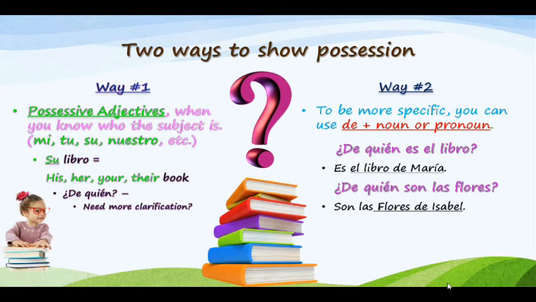Or you could ask, ¿de quién son las flores? If you said, oh, sus flores. Whose flowers? Son las flores de Isabel. So, make sure if you don't need to be specific, then you can go ahead and use possessive adjectives. However, if people need to know who you're talking about, for more clarification, you would use the second way. You would use de.